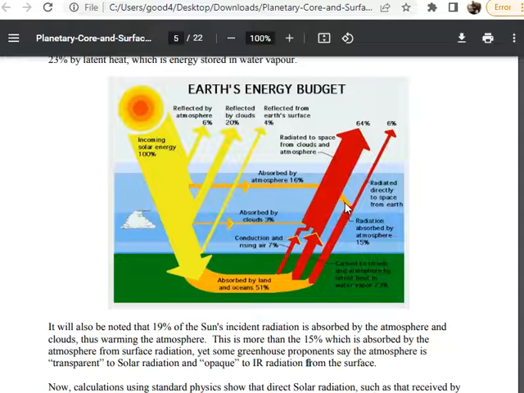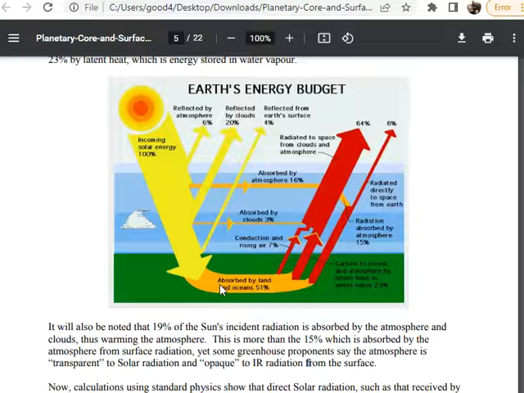But I would probably compare this 51%. No, this 51 plus 4. 51 plus 4 is 55%. And compare that, because that 51 plus 4 made it all the way to the ground.